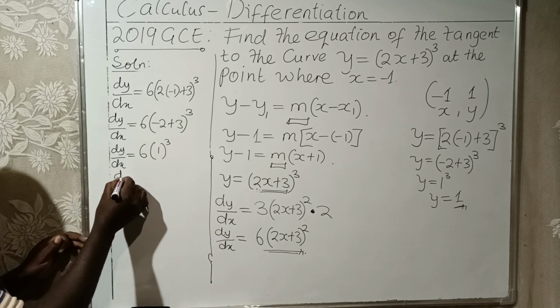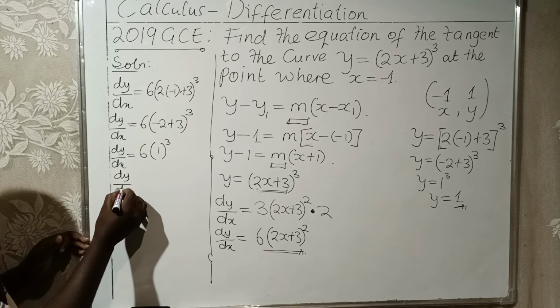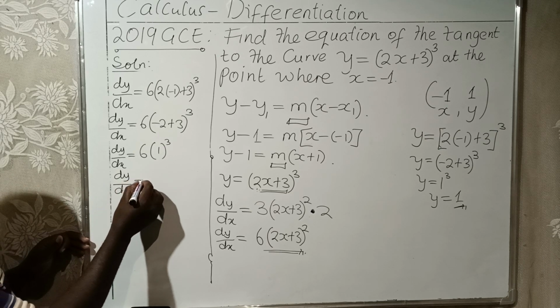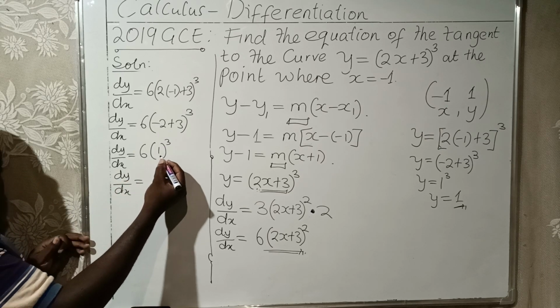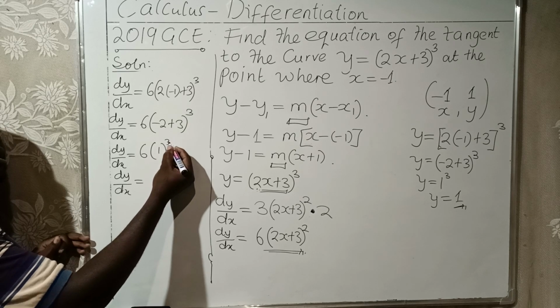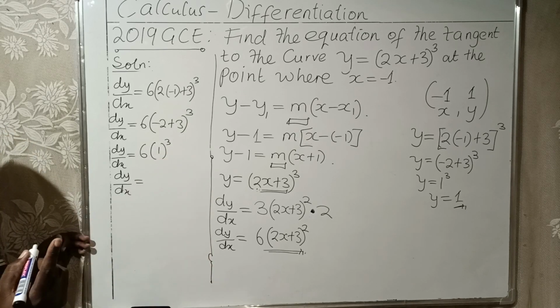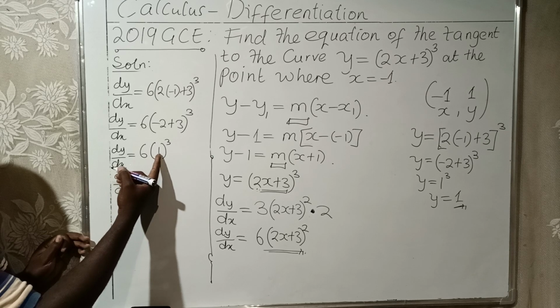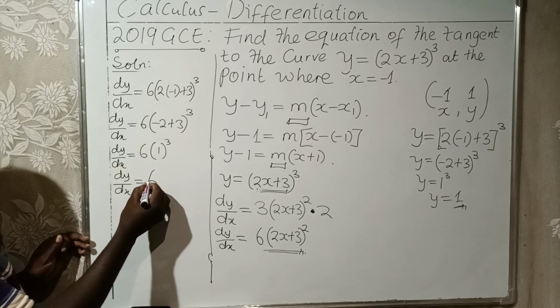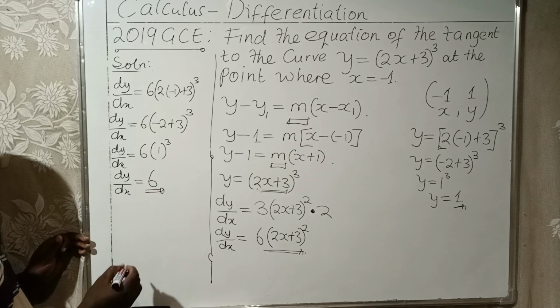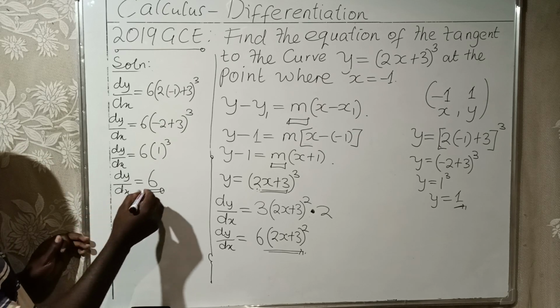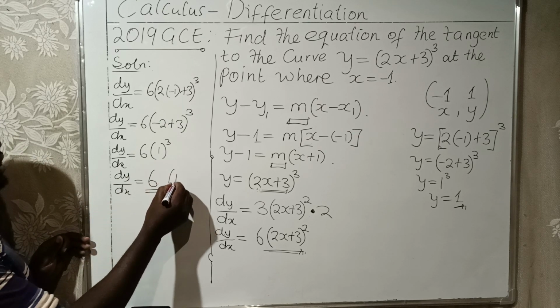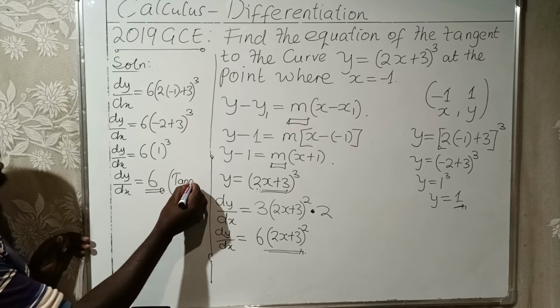So finally, dy dx will be equal to, now 1 index 3 will give us 1. When we multiply 1 by 6, we shall get 6. So 6 is the gradient of the tangent.